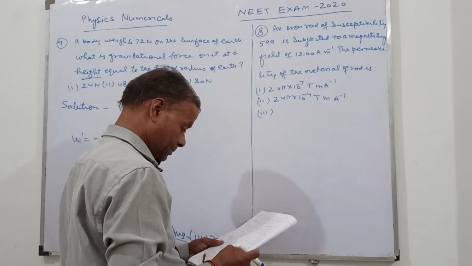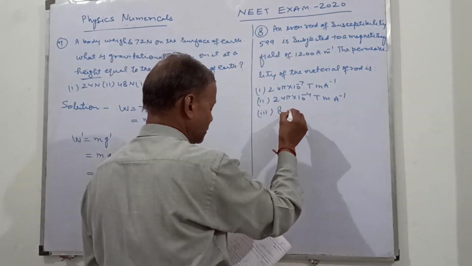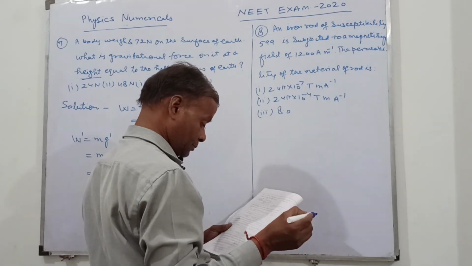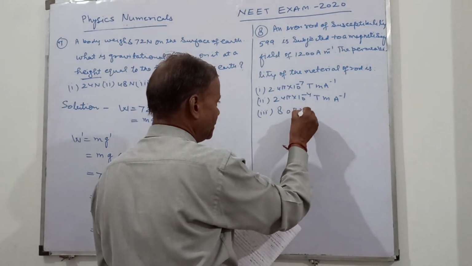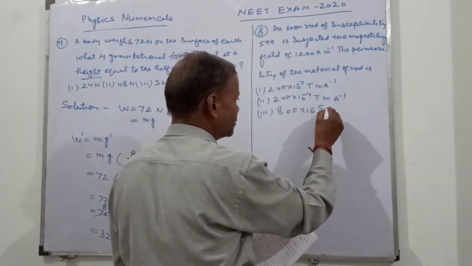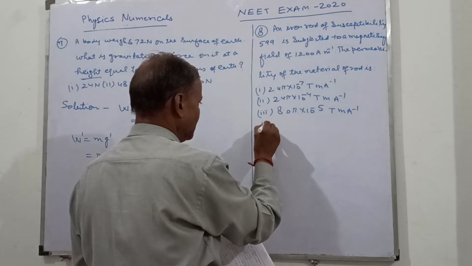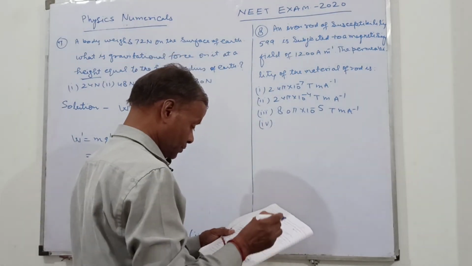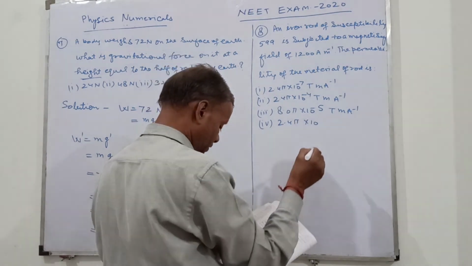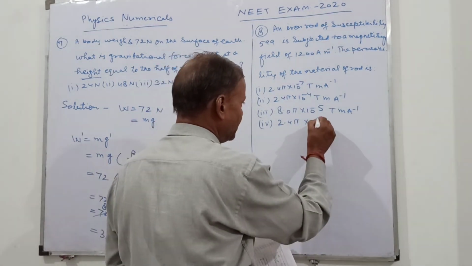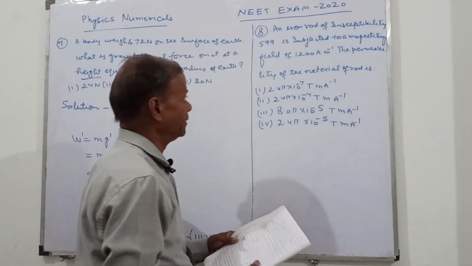Third is 8.0 pi into 10 raised to the power minus 5 Tesla meter per ampere. And now fourth is 2.4 pi into 10 raised to the power minus 5 Tesla meter per ampere.